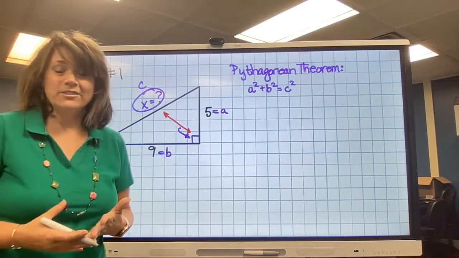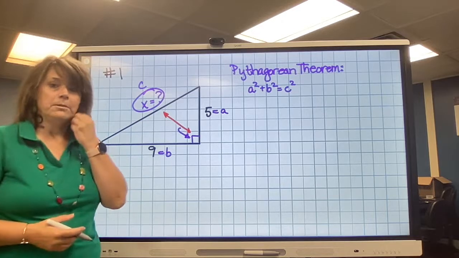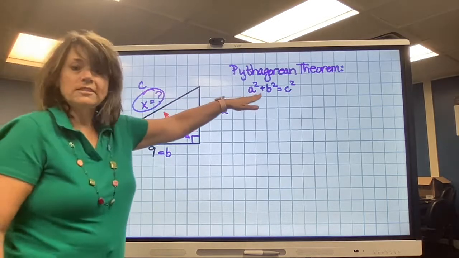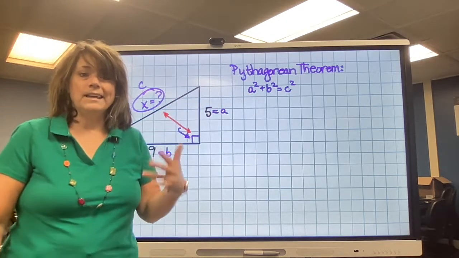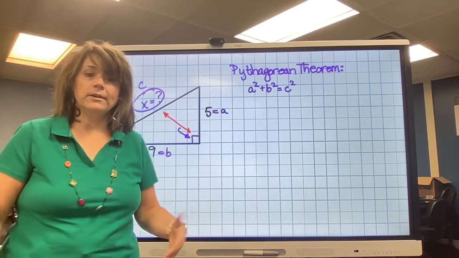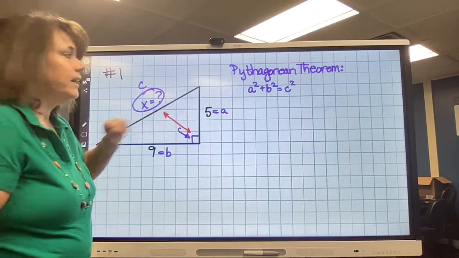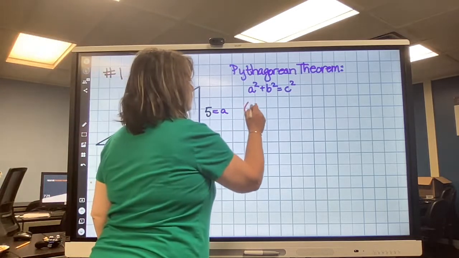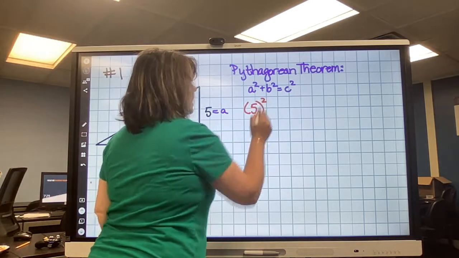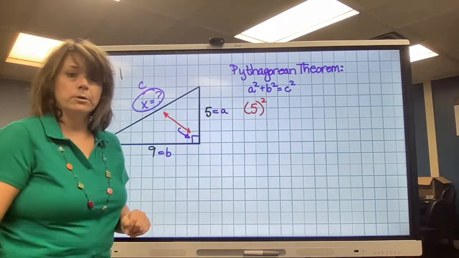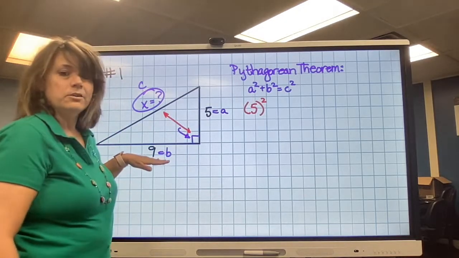So let's go ahead and solve for x for this problem. So we're going to just substitute into our formula a squared plus b squared equals c squared, and we're going to solve. So our a here we have identified as 5. So I'm going to put in there 5, and then I'm going to square it following our formula. Our b value is 9.